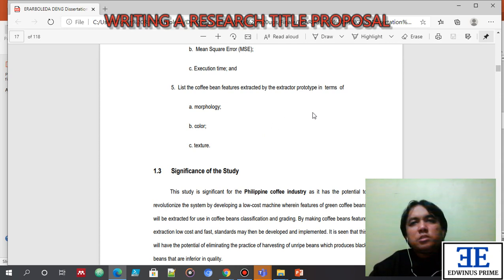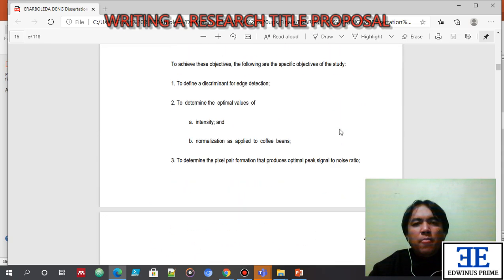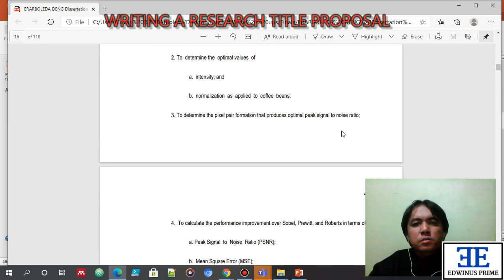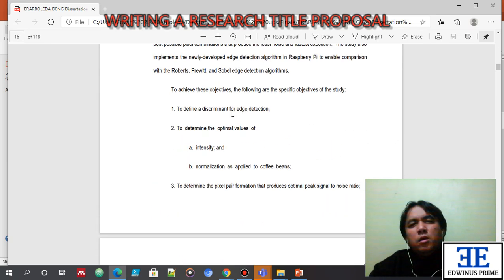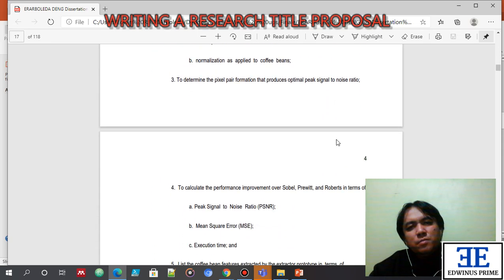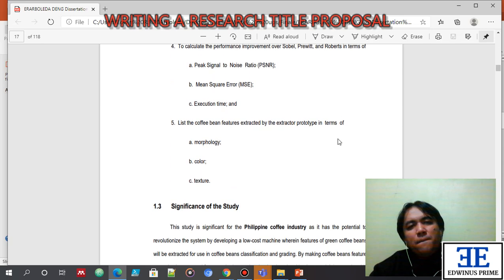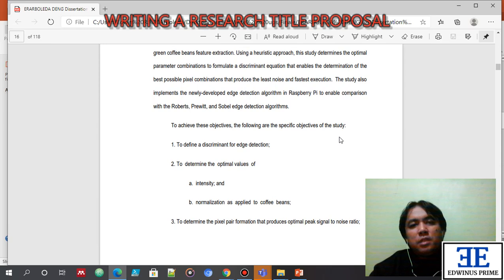What are the features extracted by my algorithm? So I wrote this. Those are the specific objectives. Your specific objectives should be at least five.